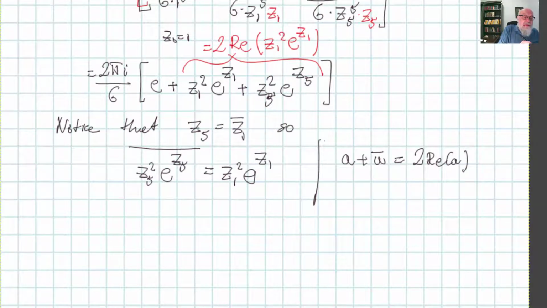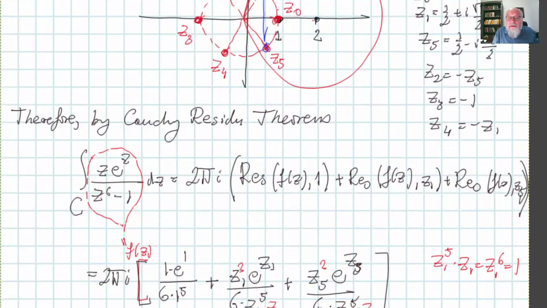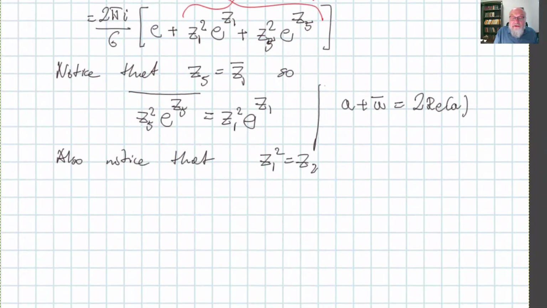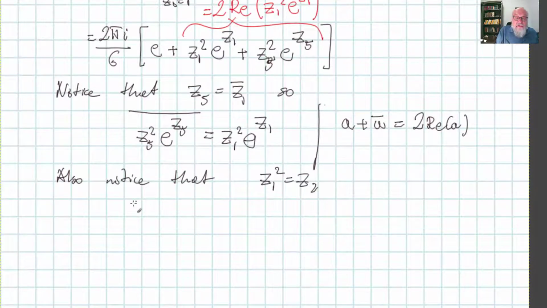So notice a couple of other things. So first, also notice that Z1 square is equal to Z2. You see, this is Z1 and this one is Z2. This one is Z1 square. So by looking at the picture and doing these things, we can basically find out what is the real part.